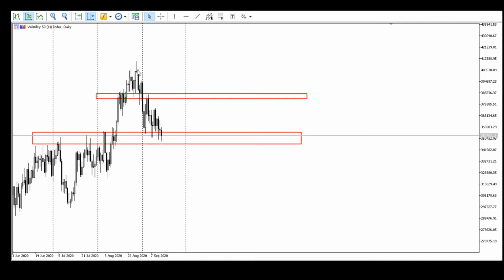Once they move down from this point, they cannot return until they reach point B. The same here, once they break and come to retest, they cannot come back here until they reach this point B.